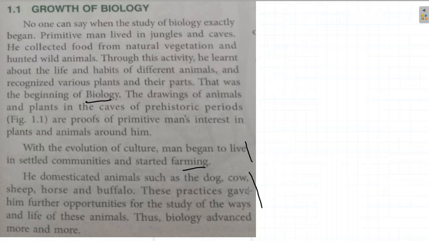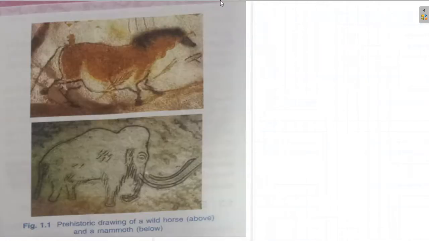As these animals were close to him, he also started to study the ways of life of these animals. In this way biology keeps on moving, like these drawings given in your book. This is a picture of a wild horse and this is a mammoth elephant.